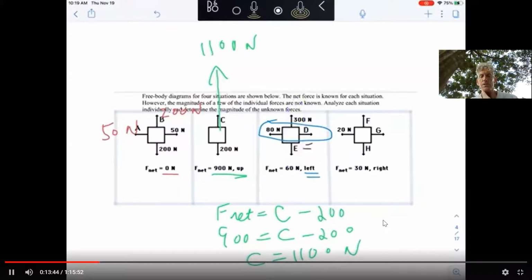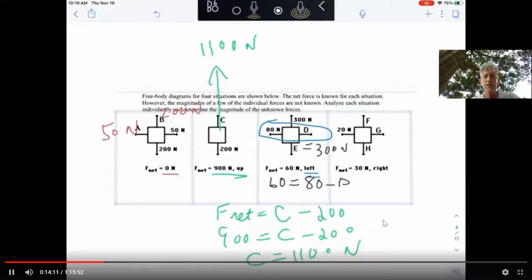So I'm just showing you right there that the vertical forces are obviously equal because F net in the Y direction is not up or down, so it's 0. So let's do the horizontal ones. F net equals the bigger force of the two, which is the 80 newtons, minus D. How do I know 80 newtons is the bigger one?